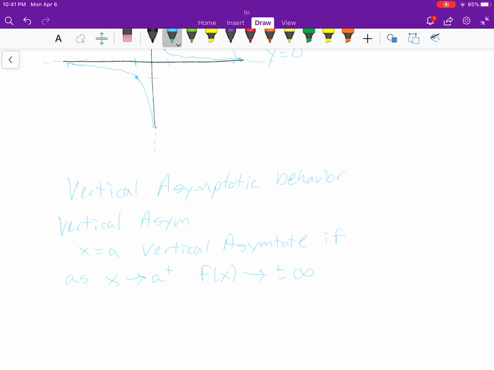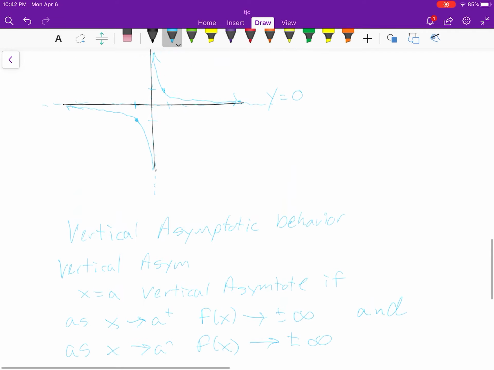Okay? And vice versa, as x approaches a from the negative side, f of x will approach positive or negative infinity. So the definition of a vertical asymptote is that as you approach some value a on the x-axis, your function will spin off to positive or negative infinity.